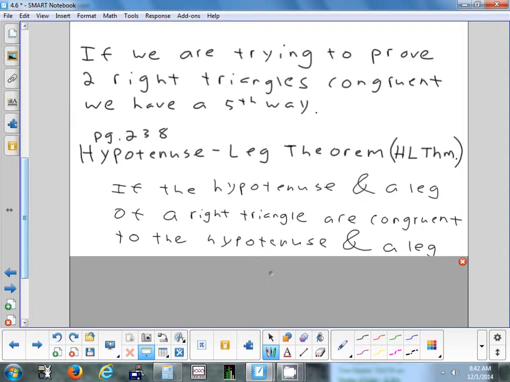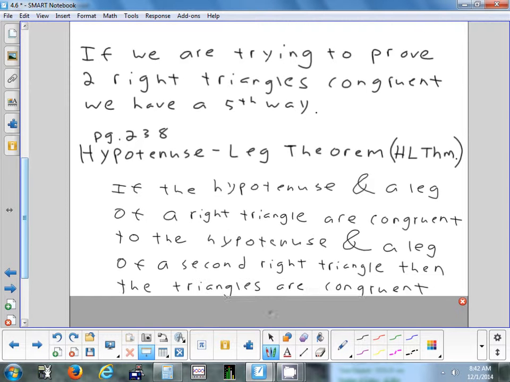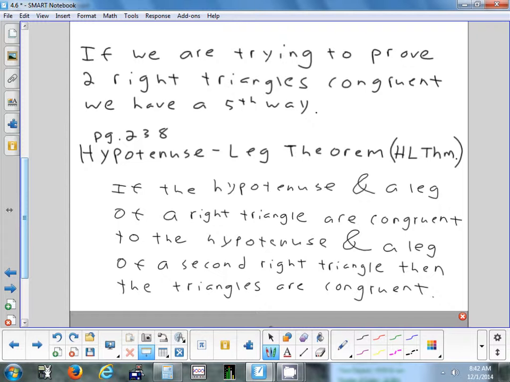The hypotenuse leg theorem says that if you've got a hypotenuse and a leg in one right triangle that are congruent to a hypotenuse and a leg in a different right triangle, then the triangles are congruent. So if you've got two right triangles and the hypotenuses are congruent and a leg is congruent, the triangles are automatically congruent.